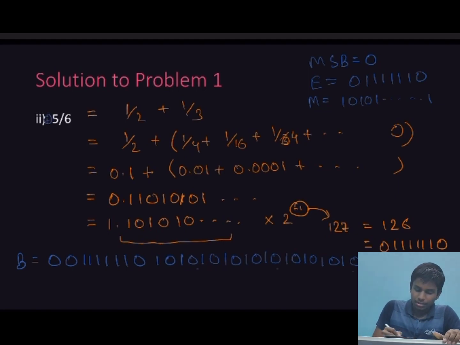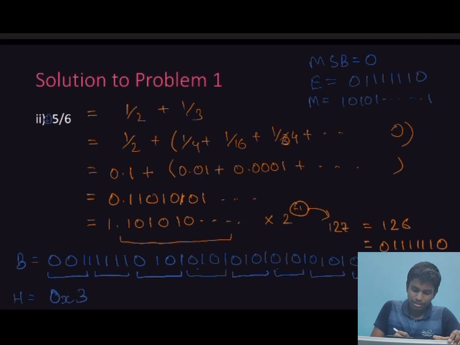Now grouping them in groups of 4s, we will get this. Converting them into hex format, we will get 0011 is 3, 1111 is F, 0101 is 5, 0101 is again 5, and all the remaining digits are also 0101.